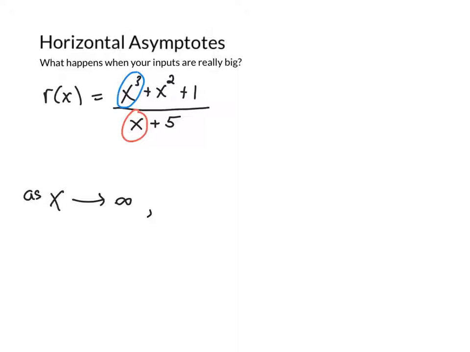So x cubed is 2 degrees bigger than x to the first power. And so we know that this quadratic growth is going to go off to infinity. So as x goes off to infinity, r of x, our outputs, also goes off to infinity. And so what we say here is that there is no horizontal asymptote.